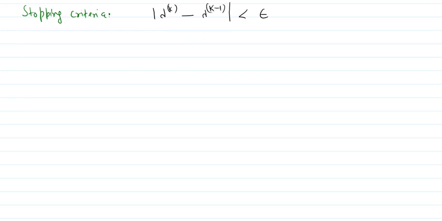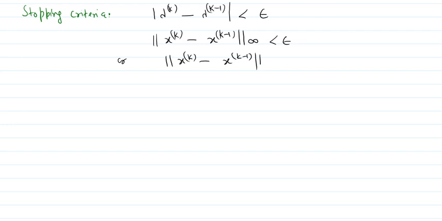Also we can use a stopping criteria in terms of the eigenvector. Since x is an eigenvector, we will take its norm. So we will find the absolute error by comparing two iterates, if this is less than epsilon, or in relative error we can divide with the norm of the next iterate xk.